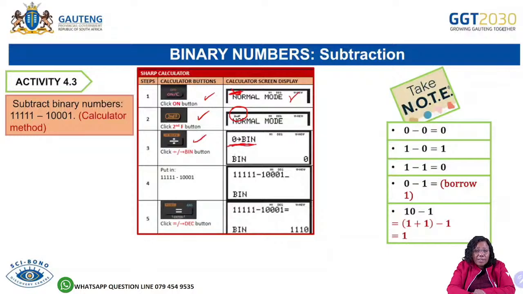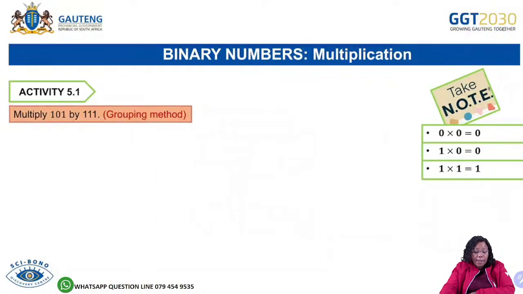Our calculator is now on binary as it is showing on the screen there. It must also show at the bottom there. And then now you can bring in your sum that you are subtracting. So you punch in your sum, 11111 minus 10001, and then now the equal sign, it will give you the answer, which is exactly the same answer that you have calculated using the previous methods there.